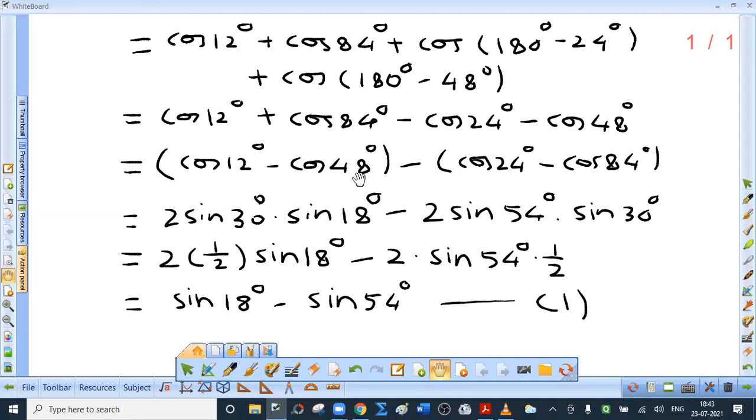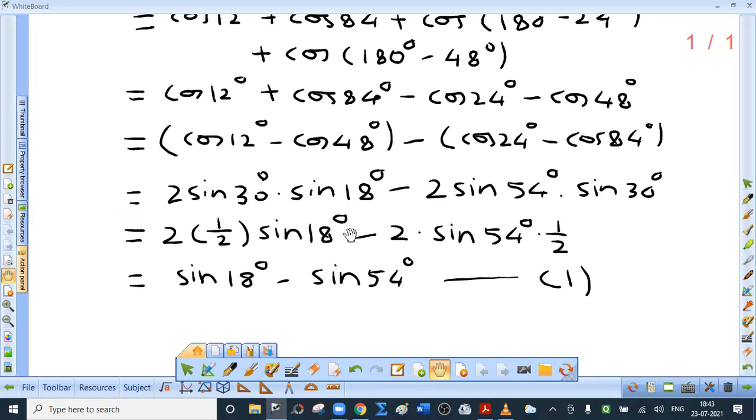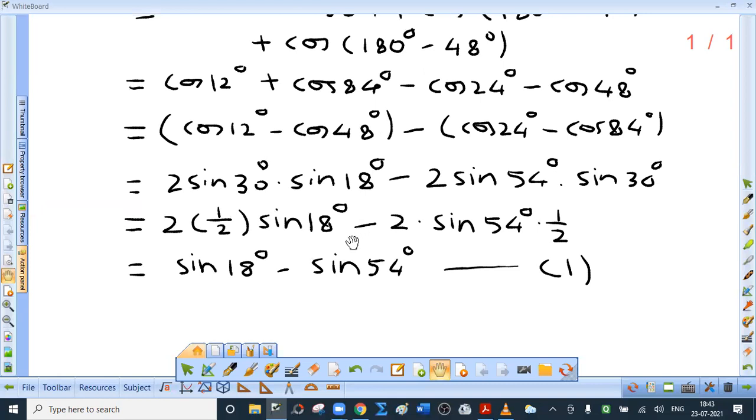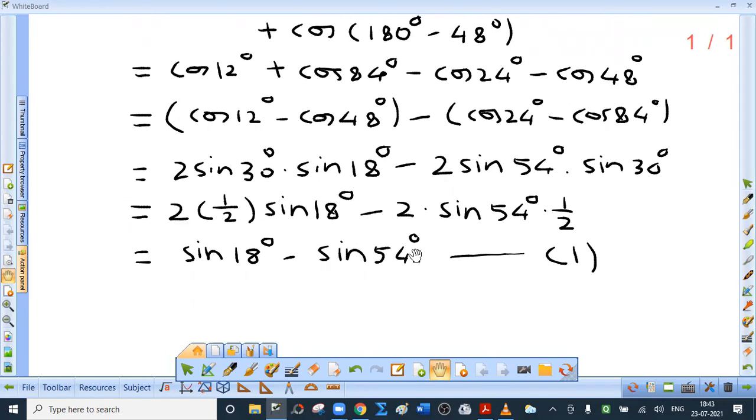So 48 minus 12 is what? 36 upon 2, that is 18. Minus 2 sine (first plus second) upon 2 into sine (second minus first), which is 60 upon 2, that is 30. Now sine 30 degree is half. So LHS is now sine 18 degree minus sine 54 degree. Suppose this is 1.